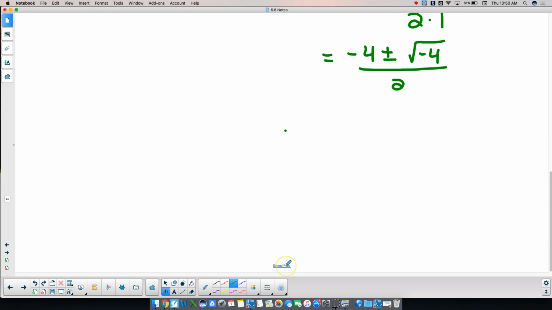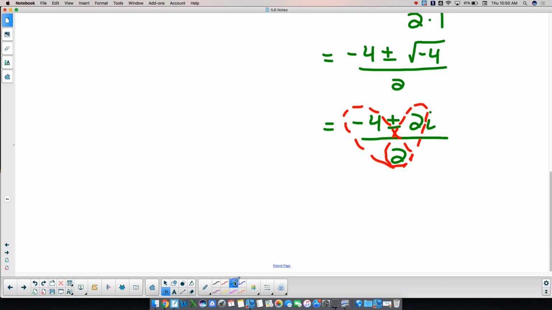Oops, missed. Square root of negative 4 is 2i. Again, bunny ears can be divided.